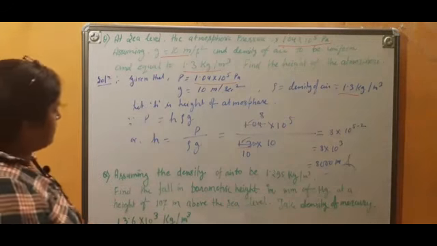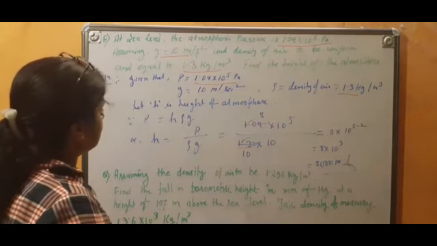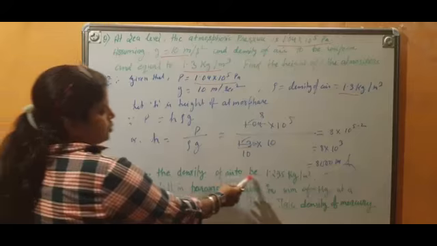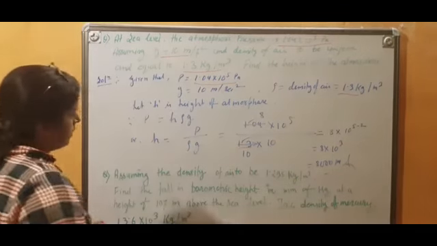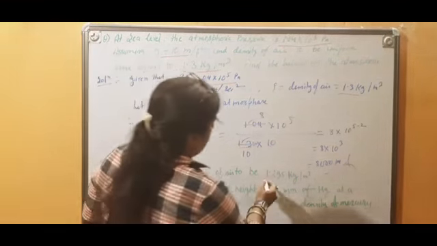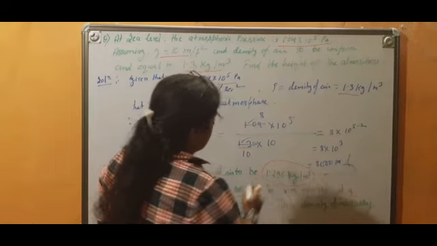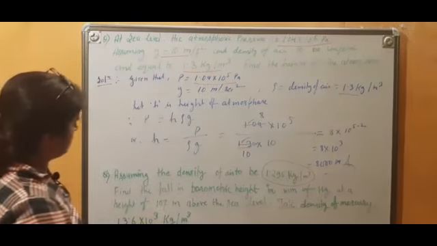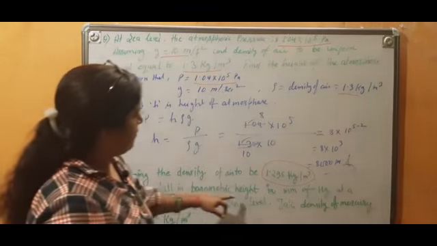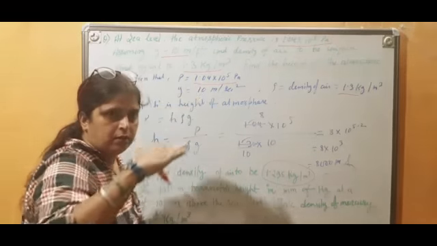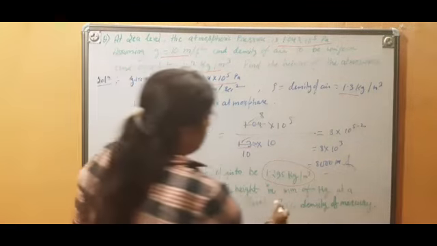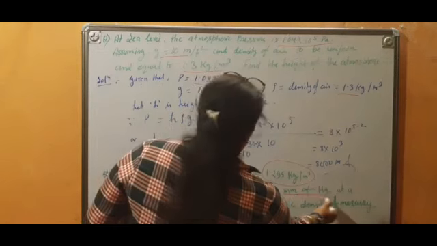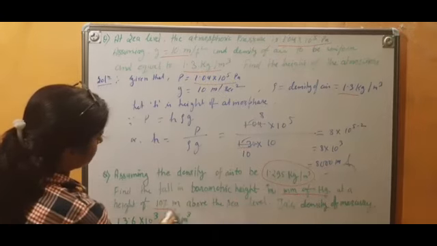Now the next question we will discuss. Assuming the density of air to be 1.295 kg per meter cube. Okay, this is the value of rho. Density of air is 1.295 kg per meter cube. Find the fall in barometric height. We have to find out the fall in the mercury column in millimeter of Hg at a height of 107 meter.